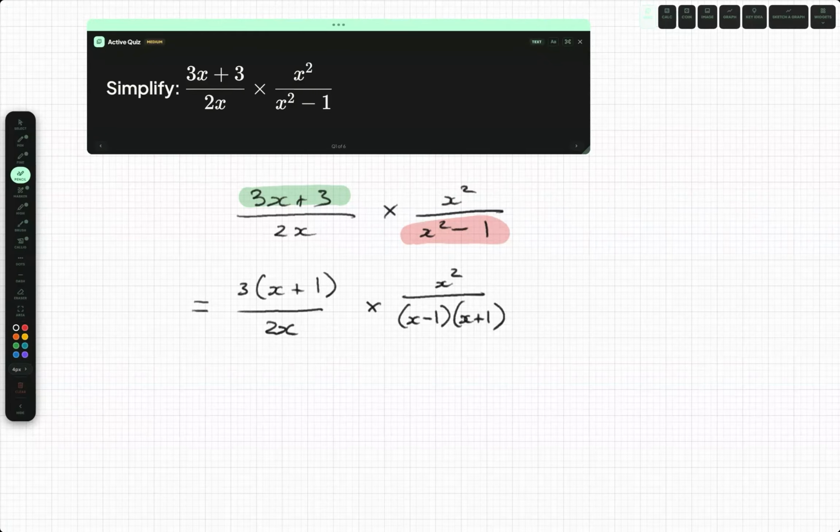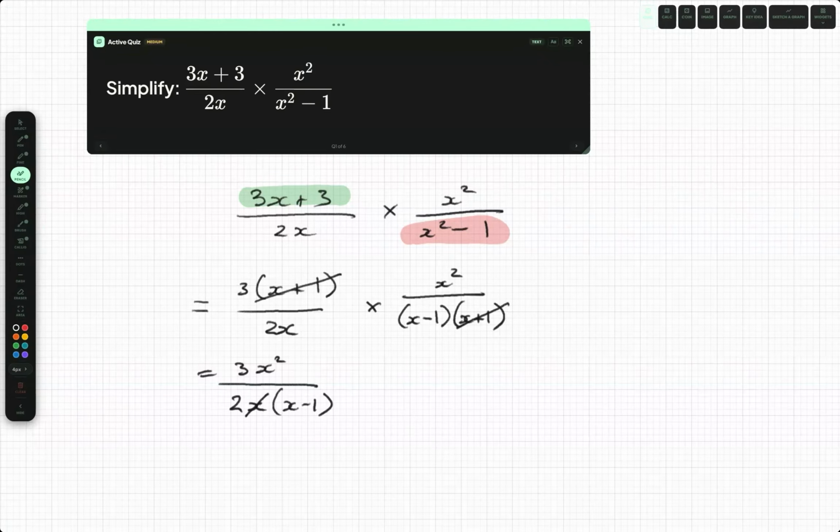Right, let's look at something we can cancel. If we're both going to be multiplying again by x plus 1, we can cancel both of these. All right, now we're left with 3x squared divided by 2x times x minus 1. And we can cancel an x here as well.